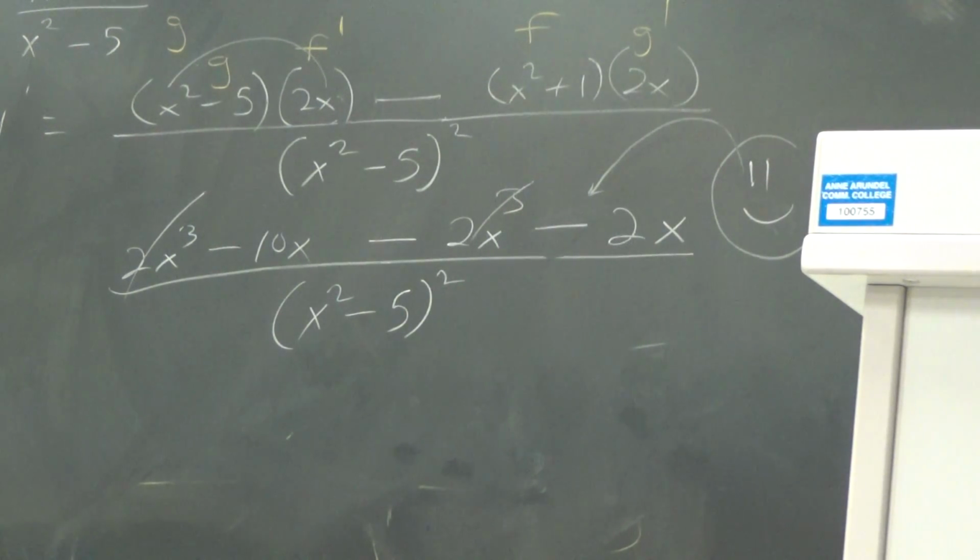Should I expand that? Never. Never, ever, ever. If the denominator had an x squared minus 5 squared, you square that, you get x squared minus 5 to the fourth, right? Cool. Is that okay with quotient rule? Good.